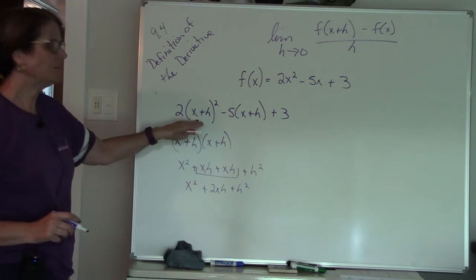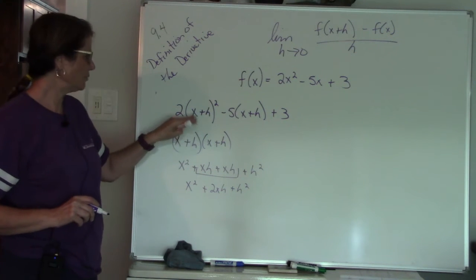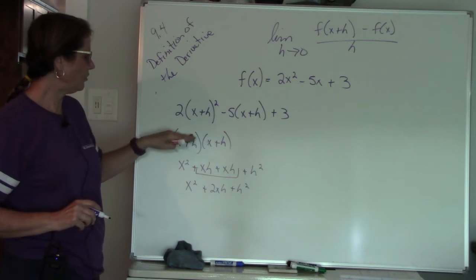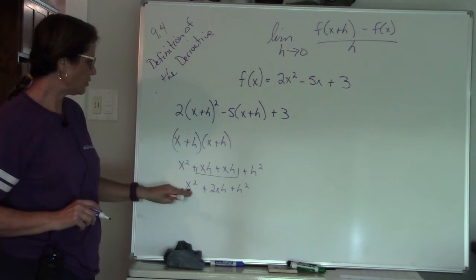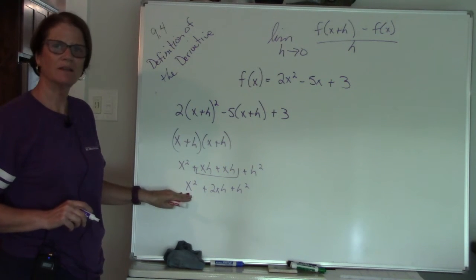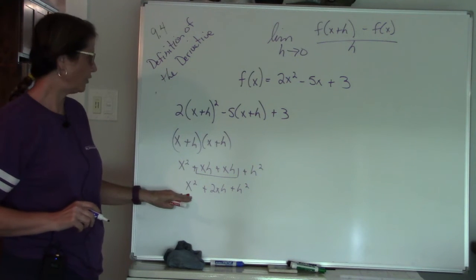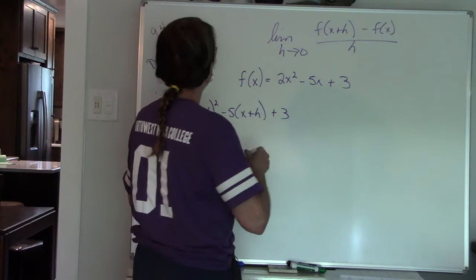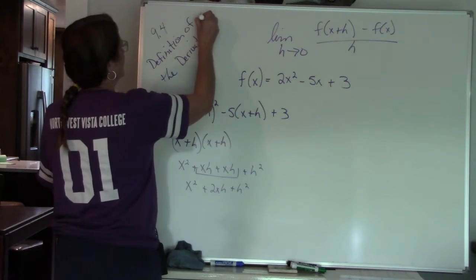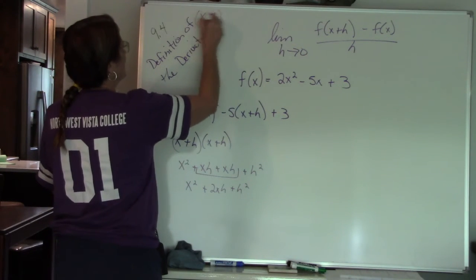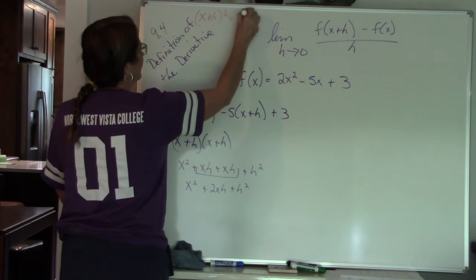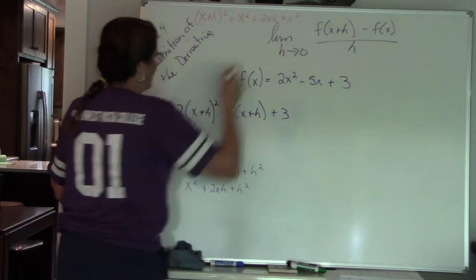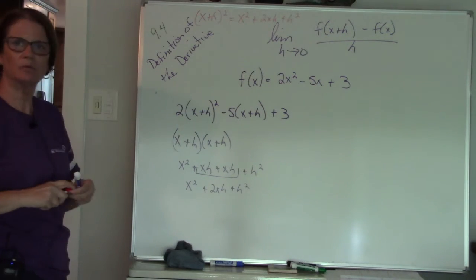Now, you're going to see this a lot. This is something that's going to show up a lot. So you can save all of this just by memorizing this trinomial. Okay? So let me write it over here on the side so we won't forget it. So x plus h squared always equals x squared plus 2xh plus h squared. And if you don't trust me, go ahead and work it out.